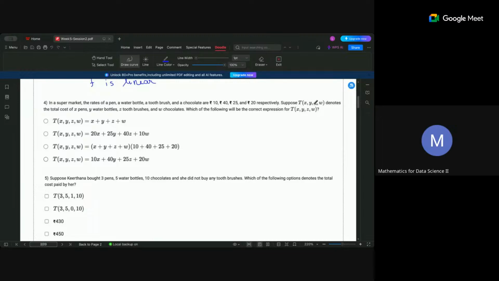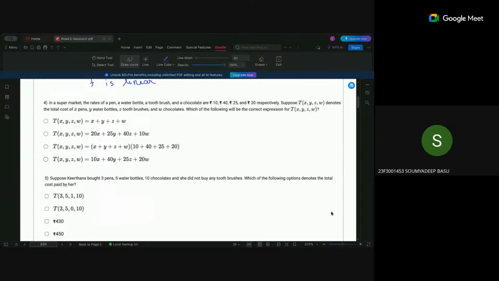Now, if T of x, y, z, w denotes the total cost of x pens, y water bottles, z toothbrushes, and w chocolates, which of the following will be the correct expression for T of x, y, z, w?